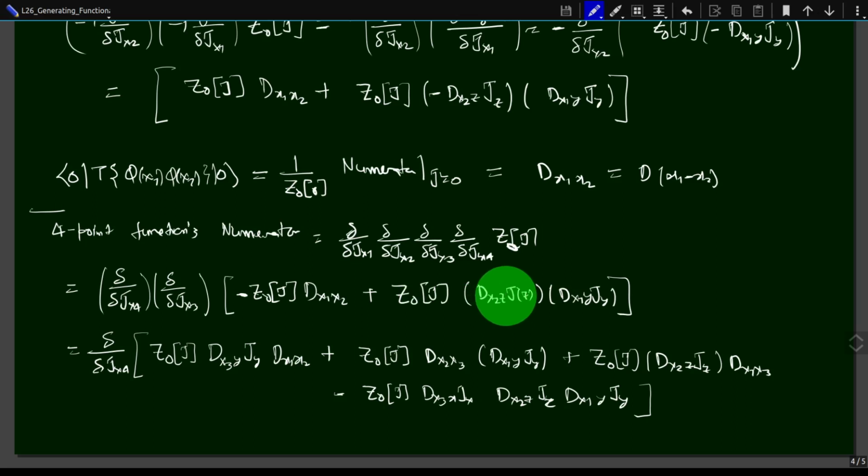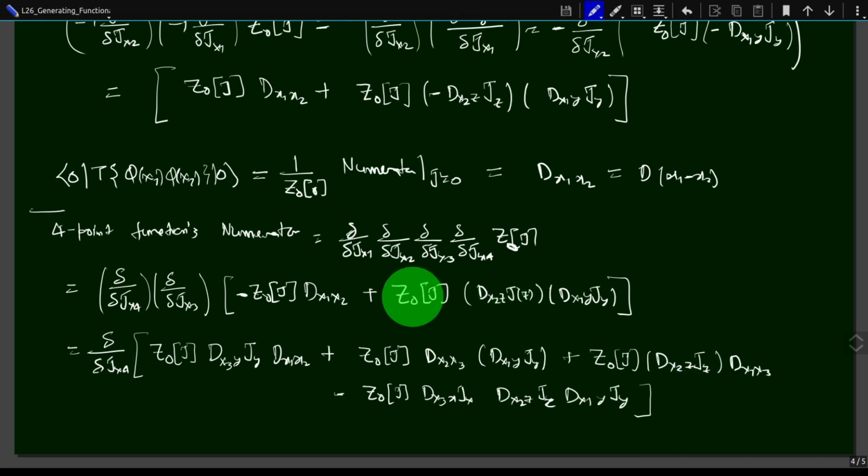First let me act on this term. It gives me z0 as it is, and dx2 x3, because I'm taking the derivative with respect to jx3. This term will give this, and this term will sit as it is over here. So this is one of the terms, and when the derivative acts on this guy, I get this propagator, but this term sits exactly over there.